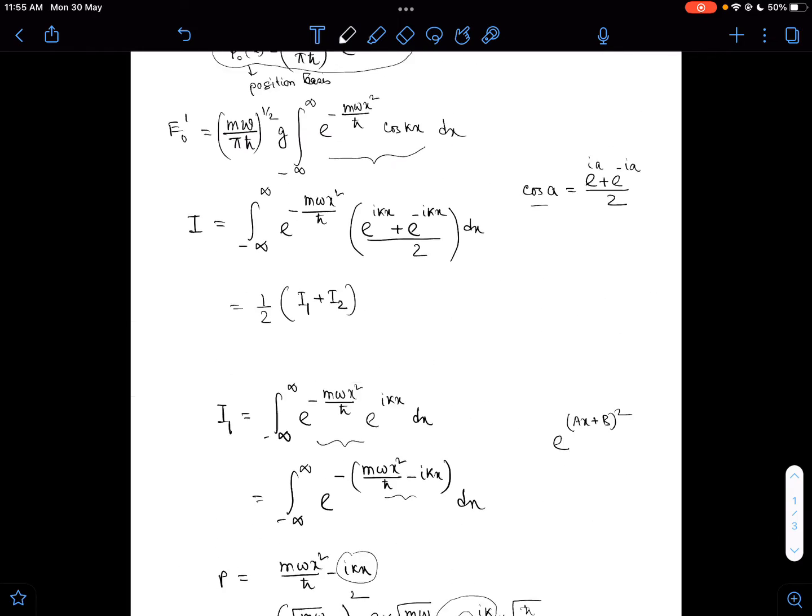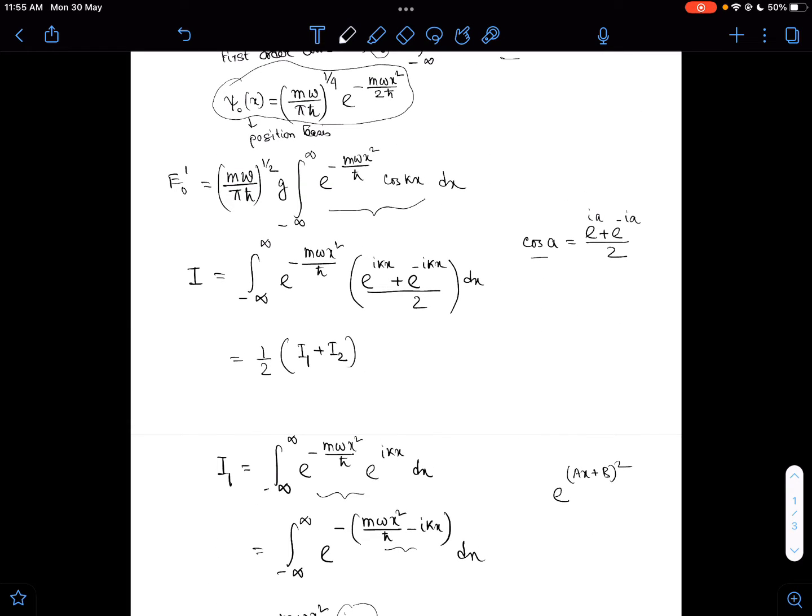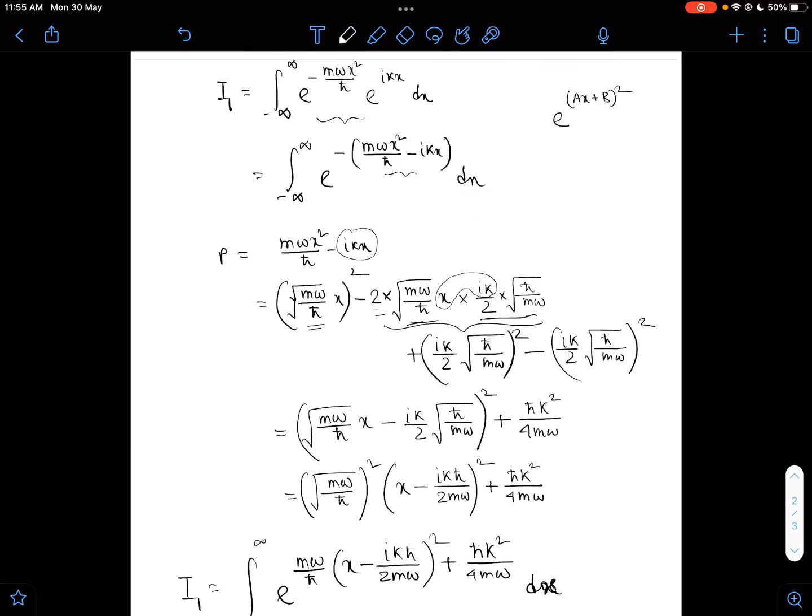And so what will be our energy correction for the first term?